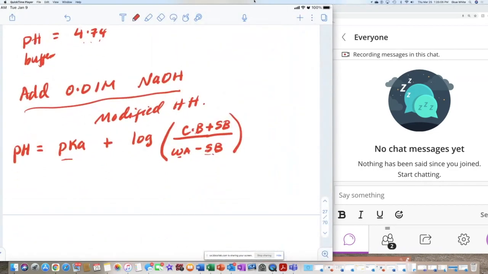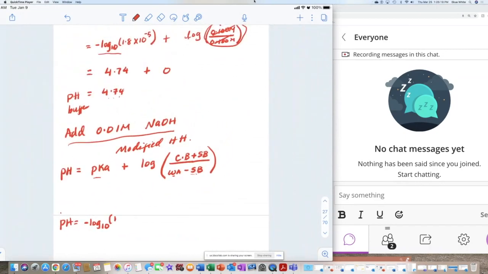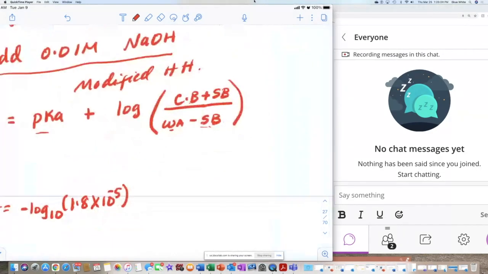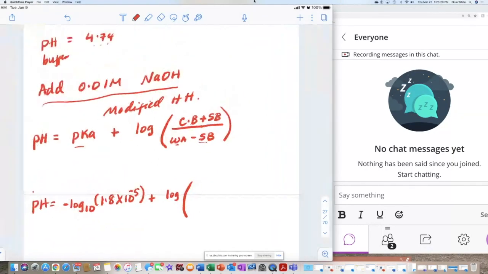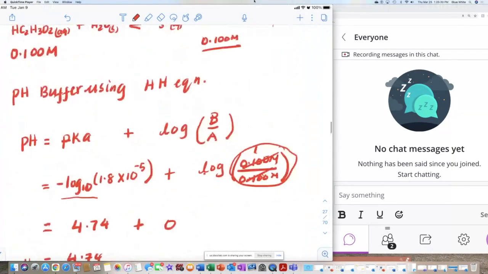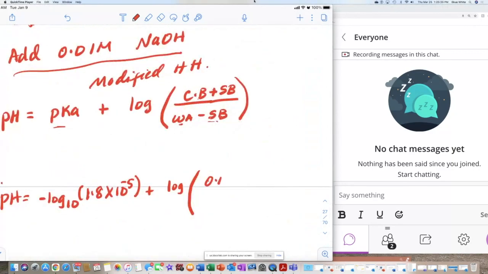I do have my pKa, but I'm not going to use a shortcut. I'll just say pH equals negative log base 10 of the original acid's Ka, since it hasn't changed. What was the number again? 1.8 times 10 to the negative 5, my bad, plus log. What is my original concentration? It was 0.100 for the top number and 0.100 for the bottom number.